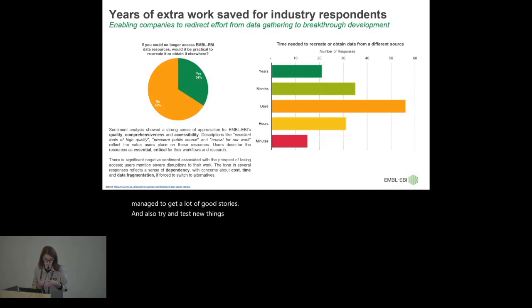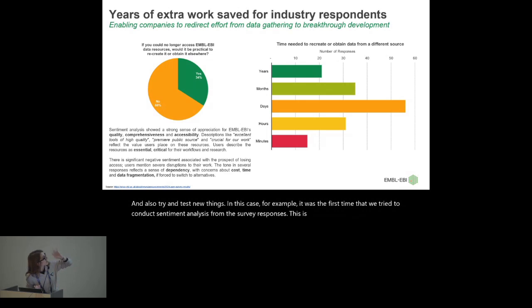In this case, for example, it was the first time that we tried to conduct sentiment analysis from the survey responses. This is specifically an industry cut of the survey, but we are also able to do different cuts for different audiences that are of interest, and see how the usage shifts over the years.